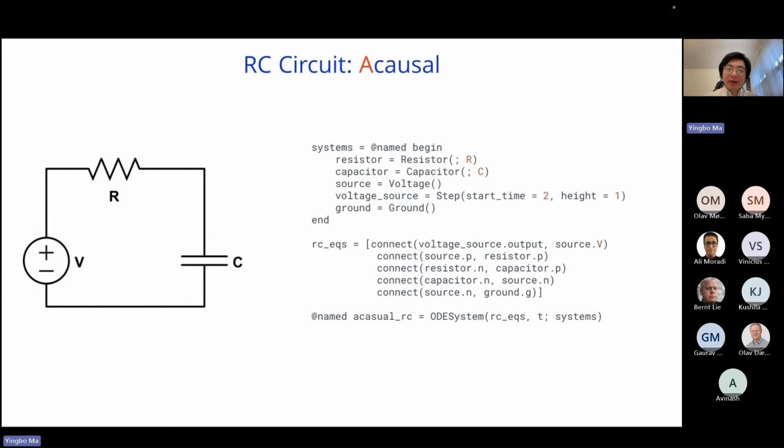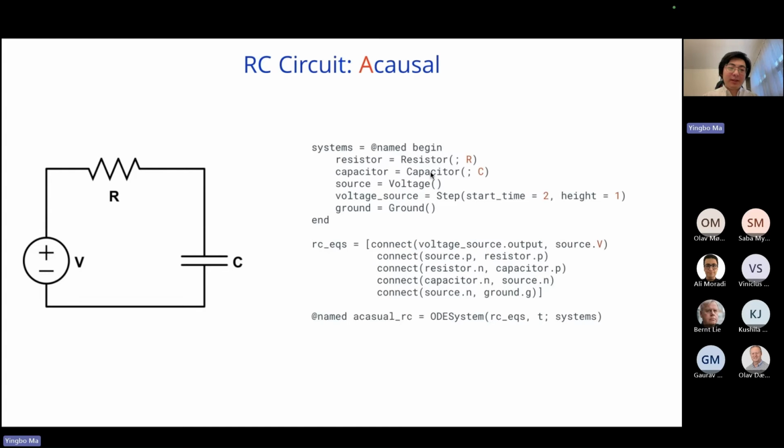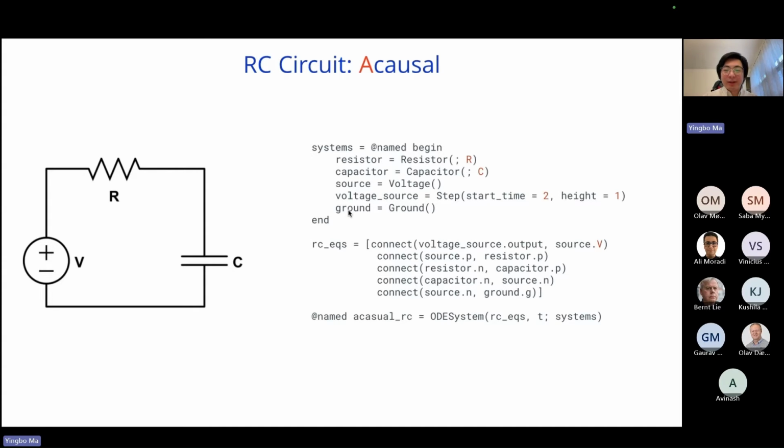However, with an a-causal or equation-based modeling system, all we need to do is to instantiate physical models. So in here, we know that we have a resistor, a capacitor, and a voltage source. And we want to describe what the voltage source looks like. And of course, we need to have a ground so that the solution is unique, right? And after instantiating all these physical blocks, we just need to connect them in the right order.